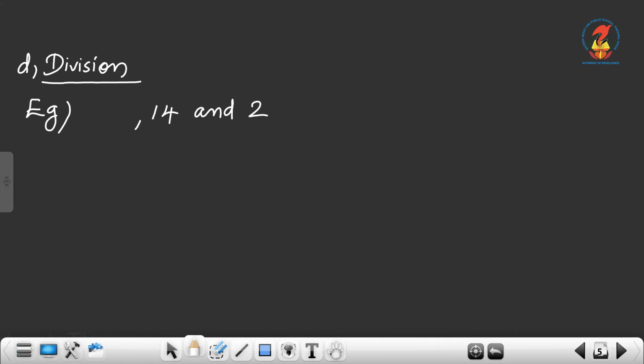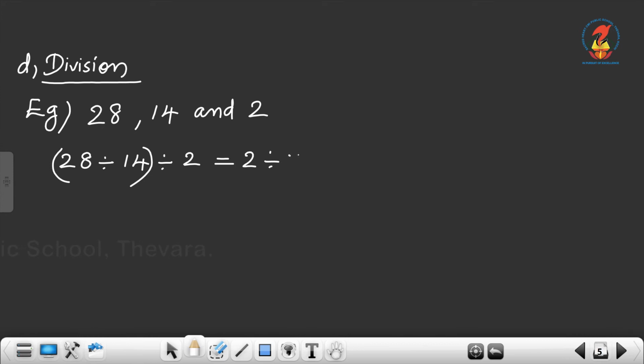Suppose you take 28, 14 and 2. Then 28 divided by 14 divided by 2. Where do we have to put the bracket? On the first two whole numbers. Then, what is 28 divided by 14? 28 divided by 14 is equal to 2.